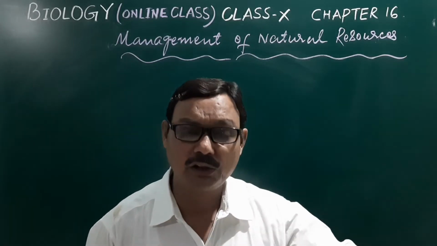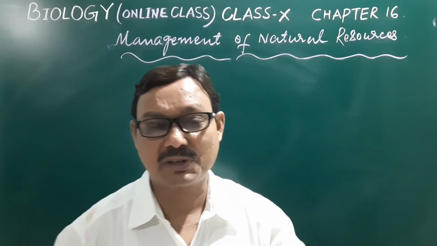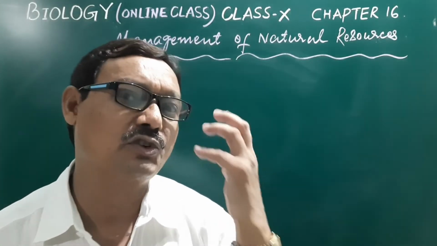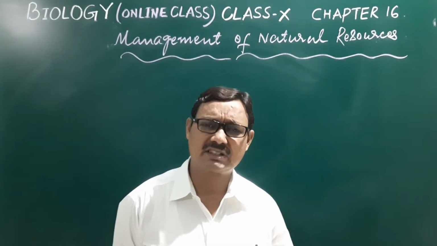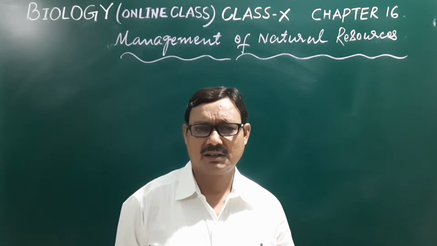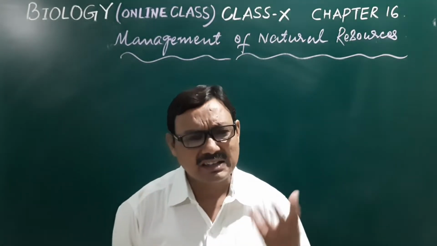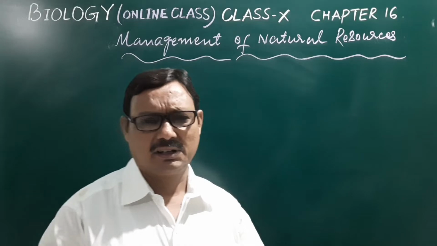And after taking all these things, in presence of sunlight, solar energy, they are able to photosynthesize. What are these? Sunlight, carbon dioxide, water, and minerals from the soil. All of these are natural resources.